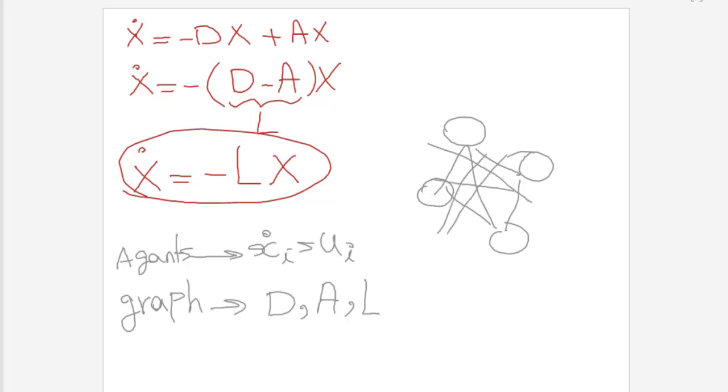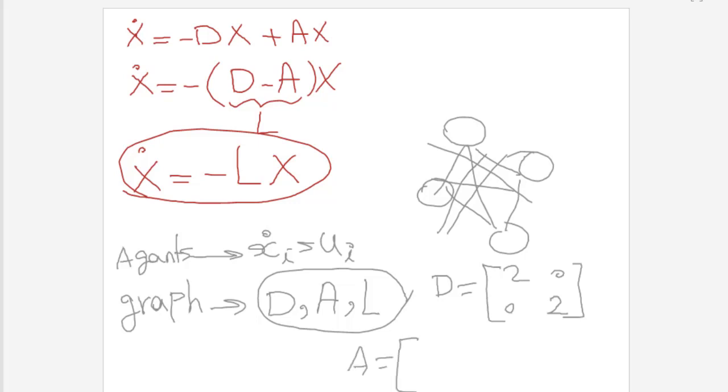Instead of this, which may be hard for us, we can write D, A, and L for the graph. It's easier when we set the D and A for the graph. For example, when I say D is 2, 0, 0, 2, and A is 1, 0, 1, 0, 1, 1, 0.